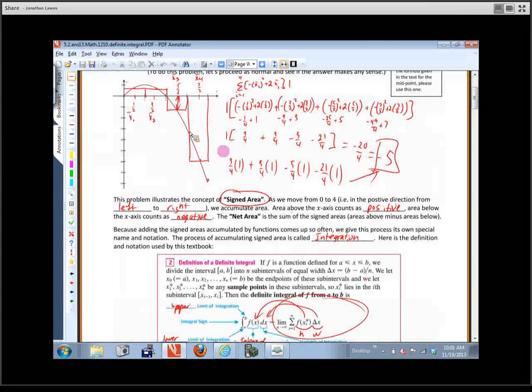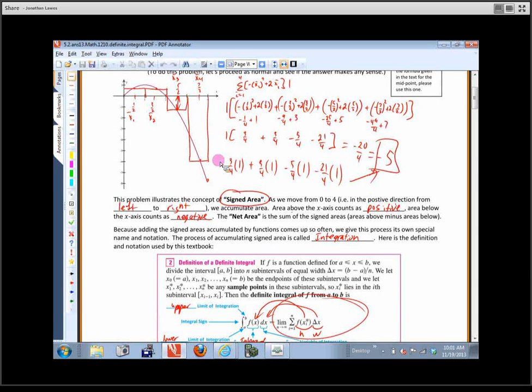We did four little rectangles on this interval from 0 to 4, and we introduced the concept of signed area. If we're adding up the area from left to right, areas above the x-axis count as positive, areas below the x-axis count as negative. Again, going from left to right, so moving in a positive direction and accumulating areas. Anything above counts as positive, anything below counts as negative.